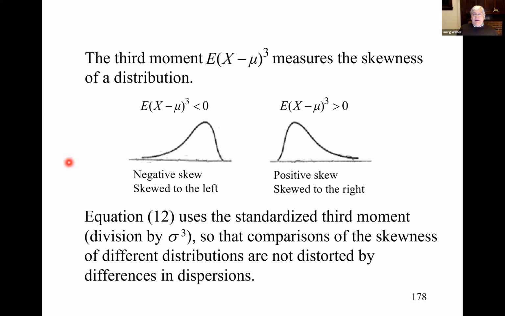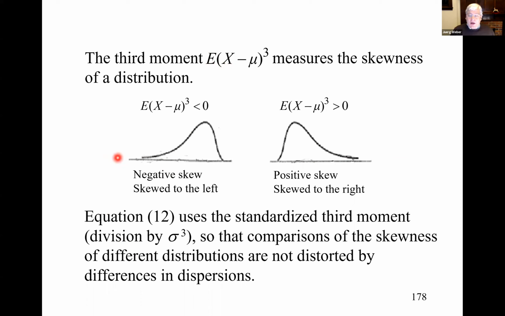Now here just a reminder, in case you're a bit rusty. The third moment measures the skewness of a distribution. A positive skew, then you have this thin upper tail. A negative skew, then you have this thin lower tail.